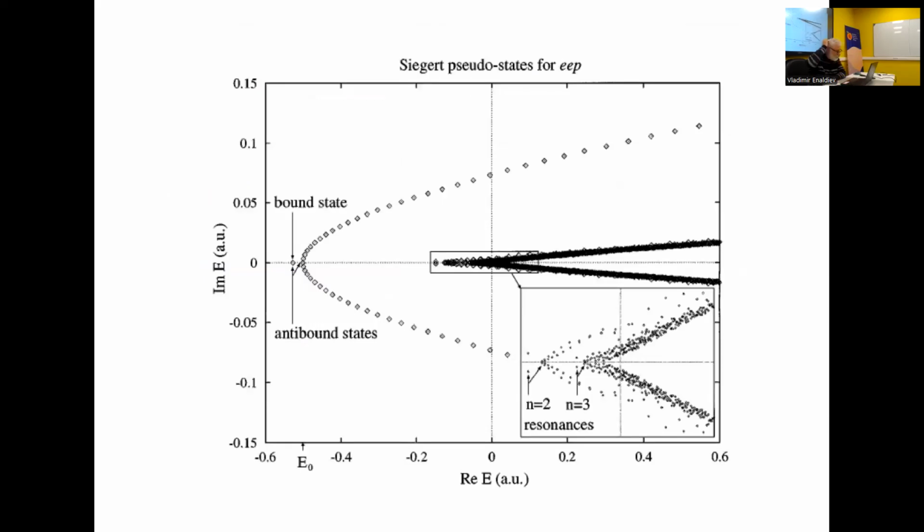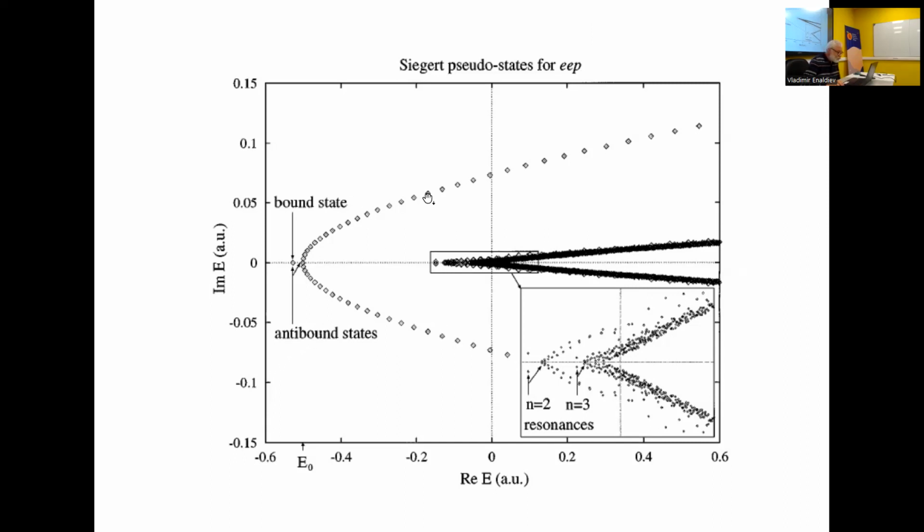And now I jump to the most ambitious application of this approach. This is the true three-body Coulomb problem. Three particles in 3D. The particles are two electrons and a proton with finite mass, by the way. And we consider this system in 3D, I repeat.